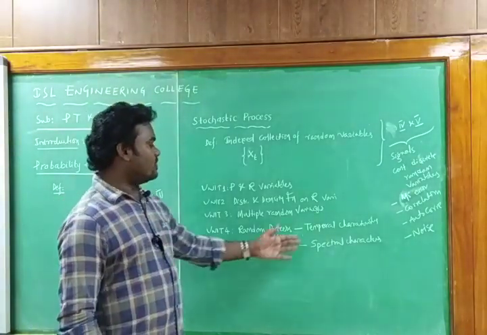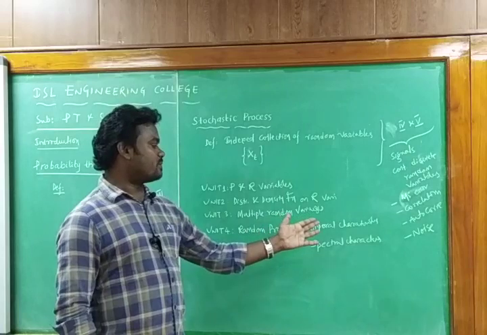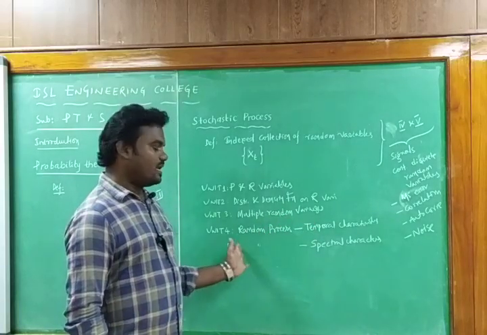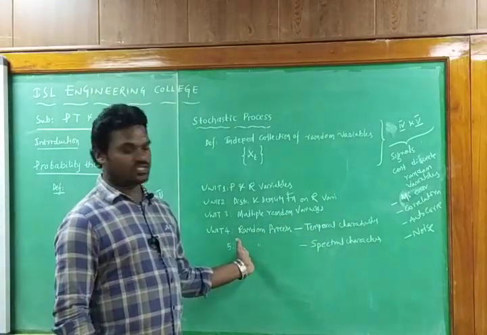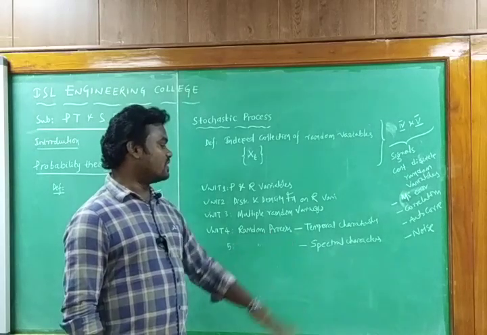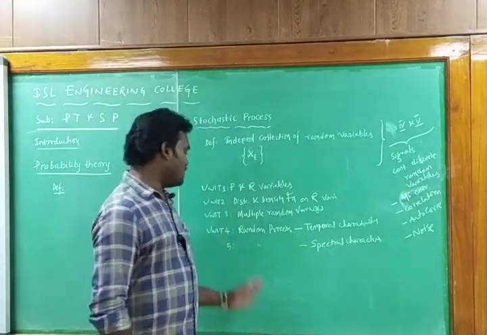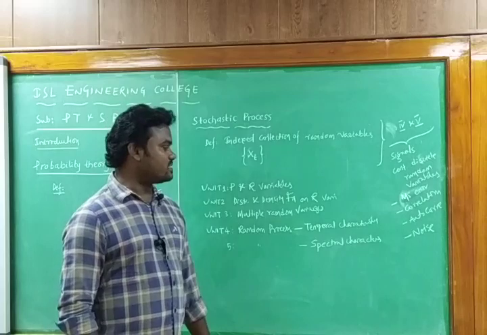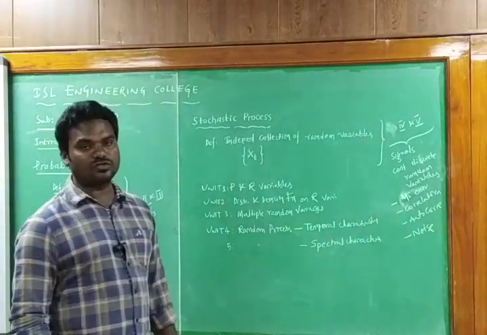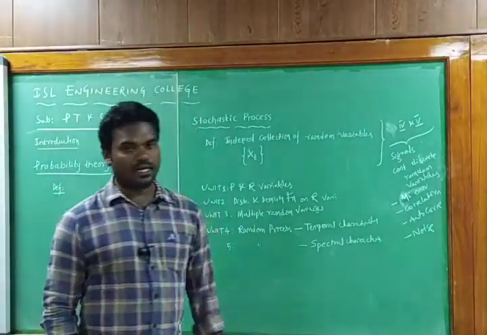In the fourth unit we are going to study the random process with respect to temporal characteristics, and in the fifth unit we are going to study the random process with spectral characteristics.